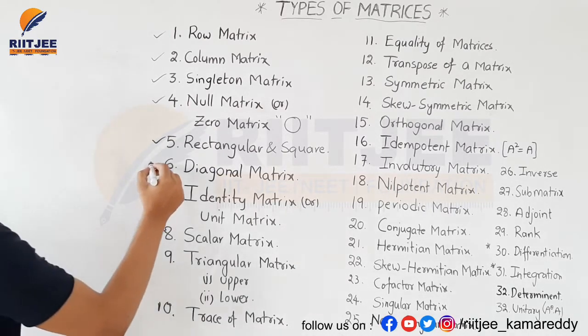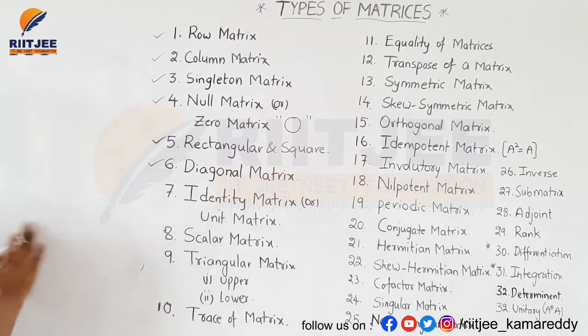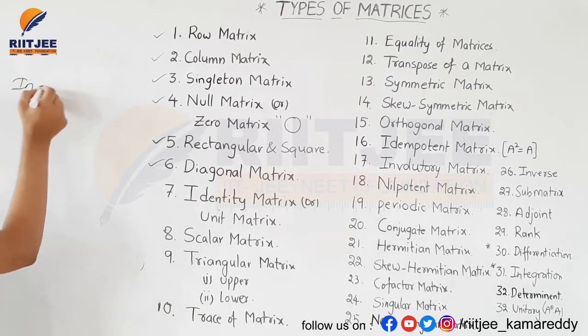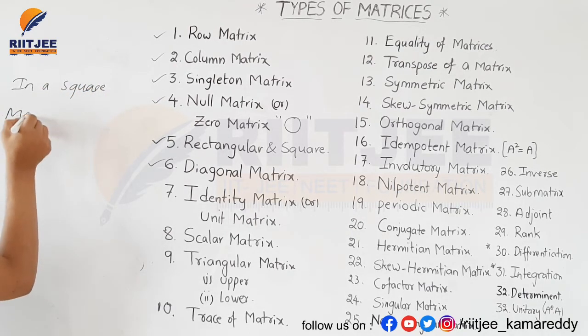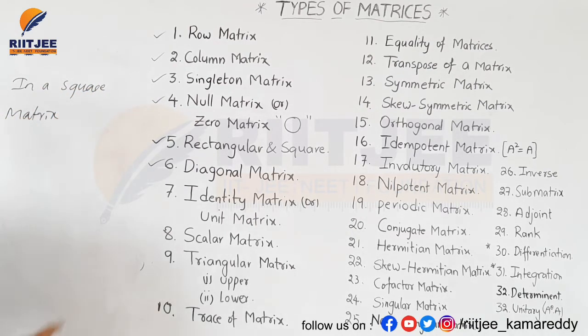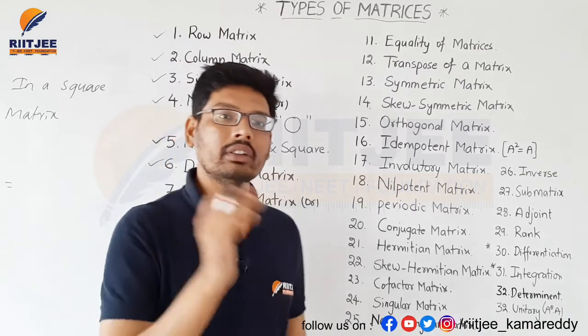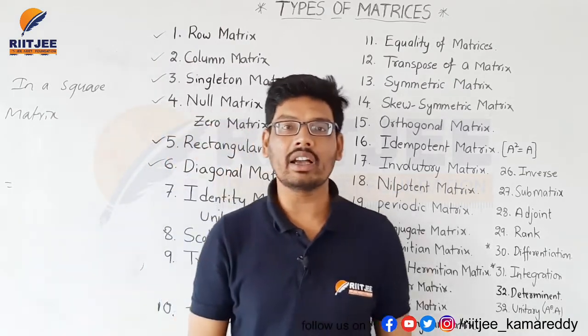Diagonal matrix. A diagonal matrix is nothing but, in a square matrix, all the principal diagonal elements are non-zero numbers and all the other elements in the matrix are zeros.